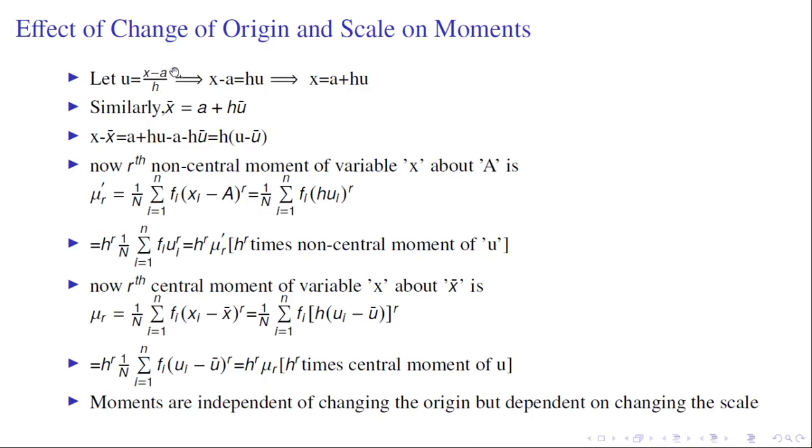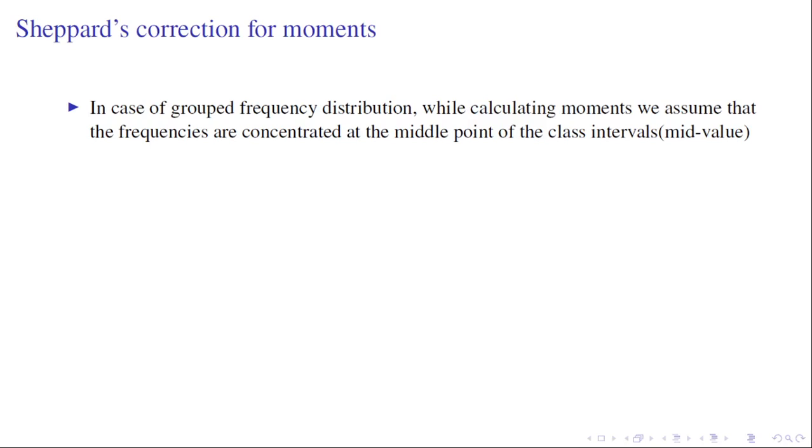So the moments are independent of change of origin. If we add or subtract any arbitrary value to the variable, it does not influence the moment. But if we multiply or divide the variable, then if we divide, we need to multiply the moment.